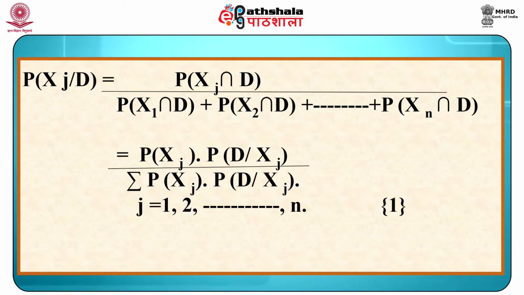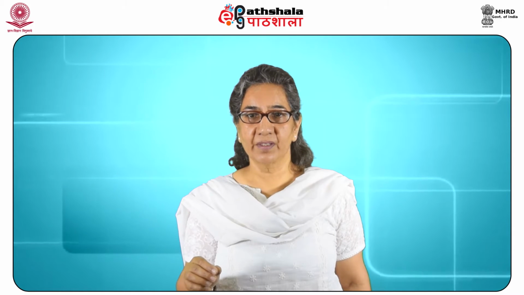This is equation 1, where the denominator is the probability of the sample result, probability D, and the numerator is a specific term of the denominator.